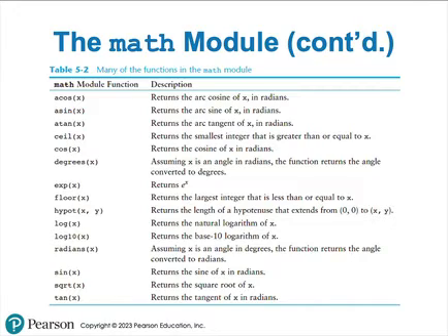Here are some examples: arc cosine, arc sine, arc tangent, ceiling, etc., all the way down to tangent of x. So these are things that you might do in math that are more complex than addition, subtraction, multiplication, division, the things that are built into the Python language.